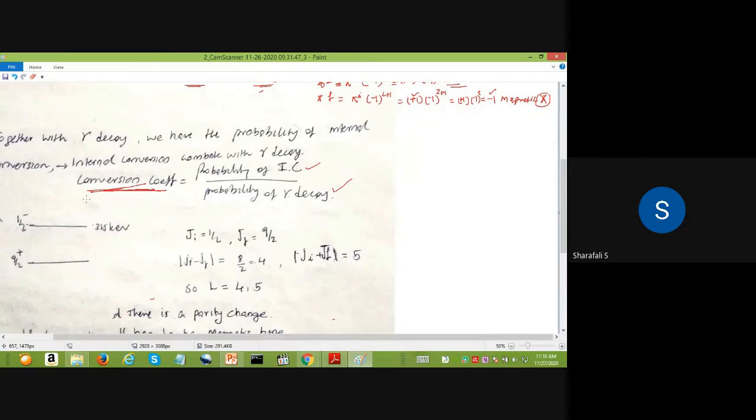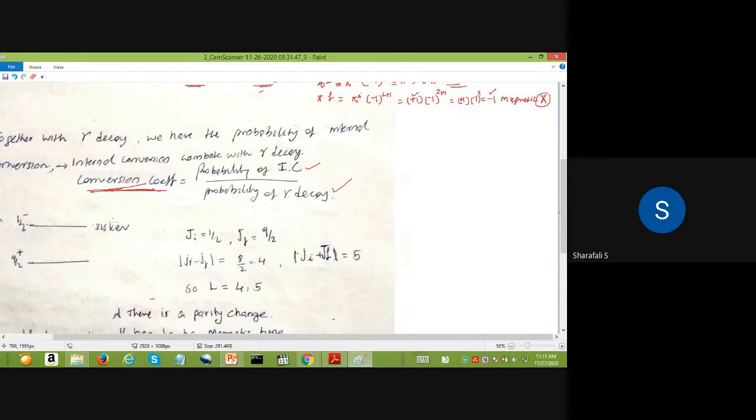You calculate the probability of internal conversion and the probability of gamma decay, and take the ratio between them. That will give you a constant value, the coefficient value. If it is larger, the probability of internal conversion is large, and if it is smaller, the probability for gamma decay is large. So that is the internal conversion coefficient.